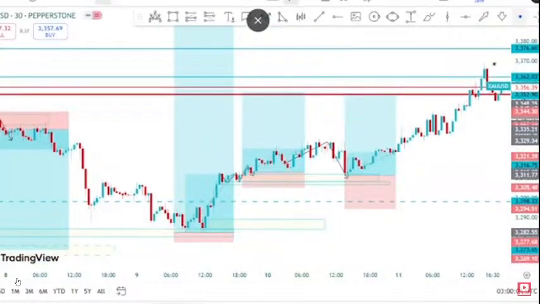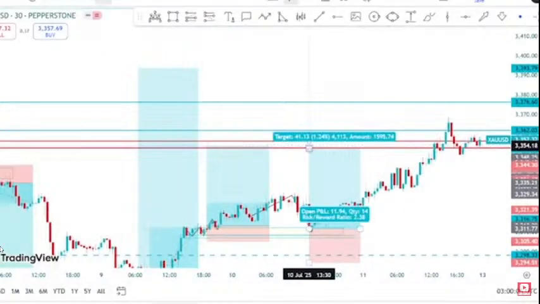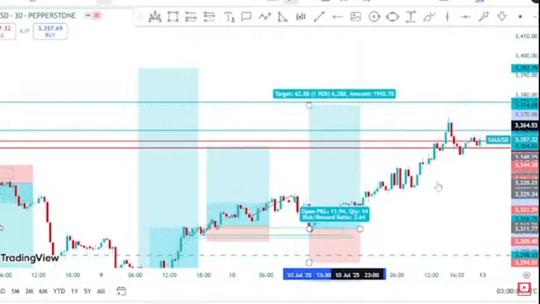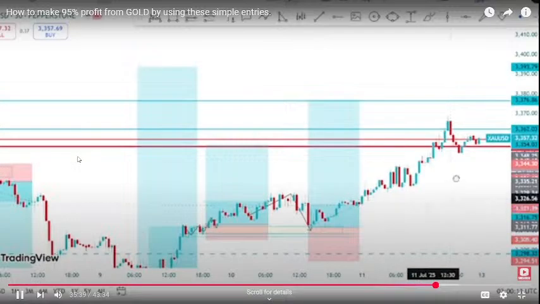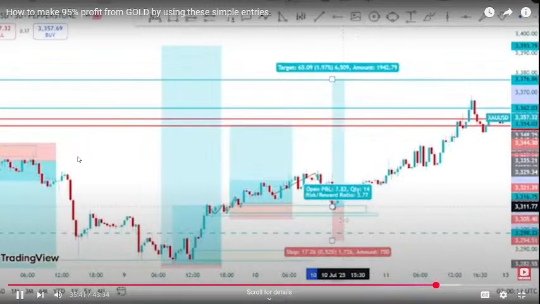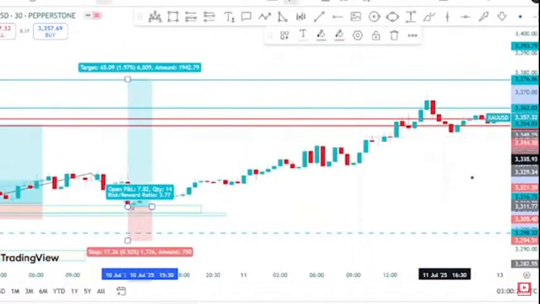But this time, the target was still above these areas. Okay, these areas. So I'm trying to show you every position that we entered from.